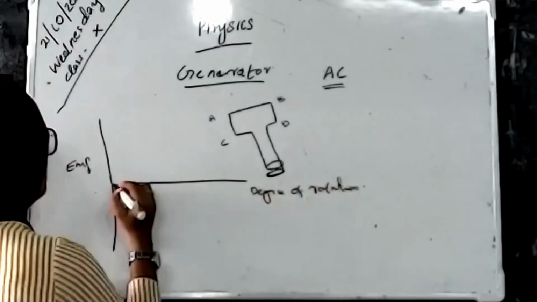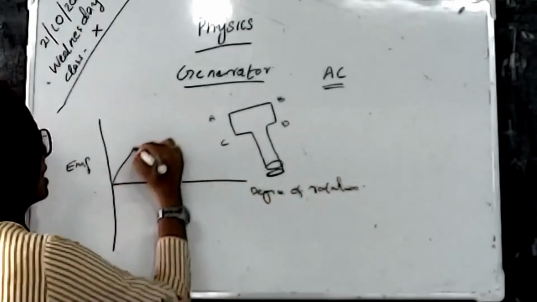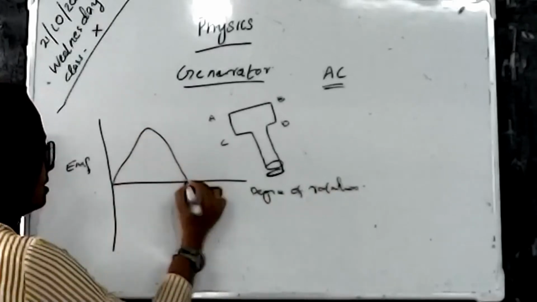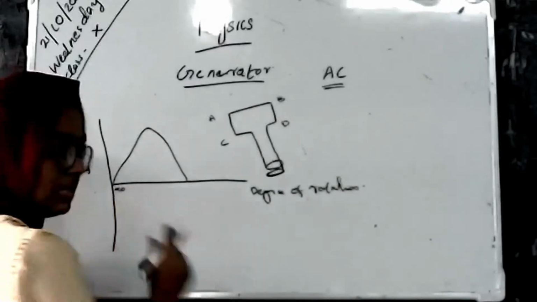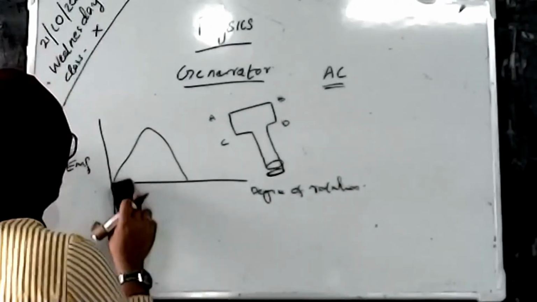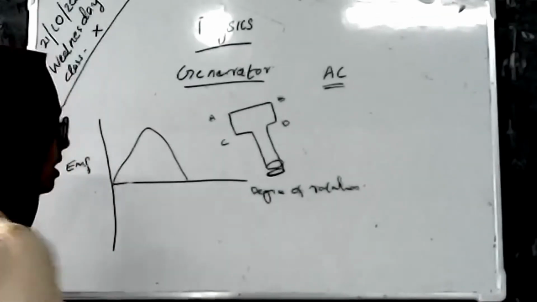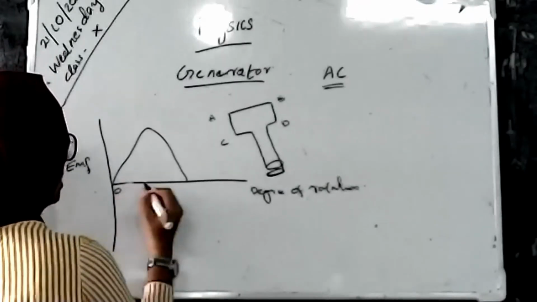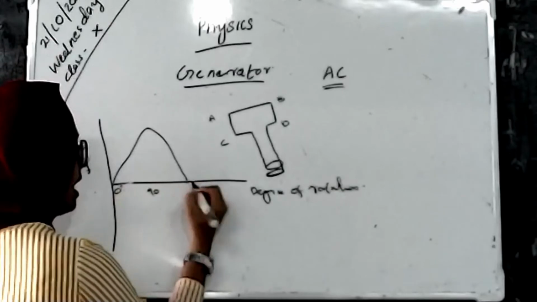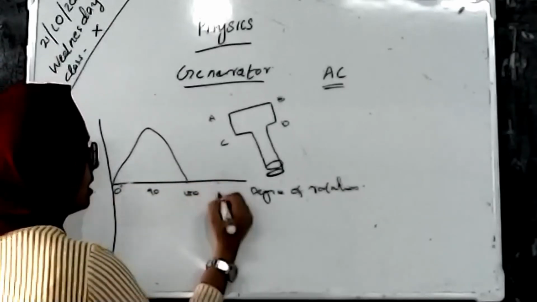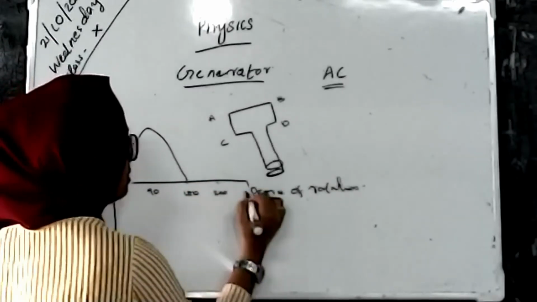In the first half, the current will be maximum at 90 degrees. So it starts from 0 degrees to 90 degrees, and the next ones are 180, 270 and 360.